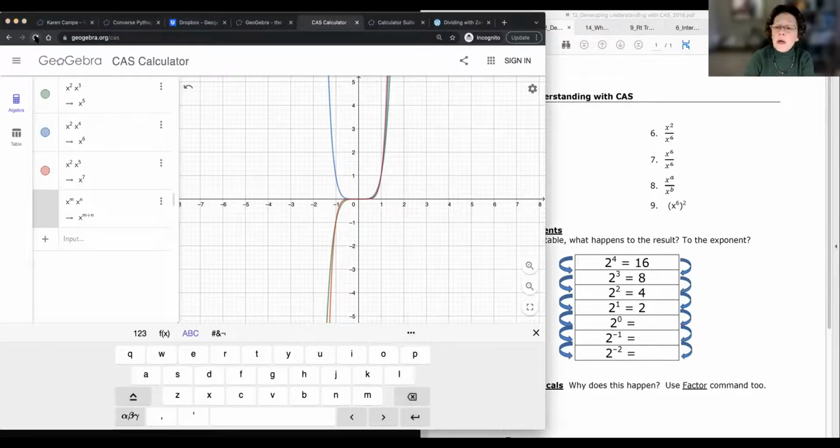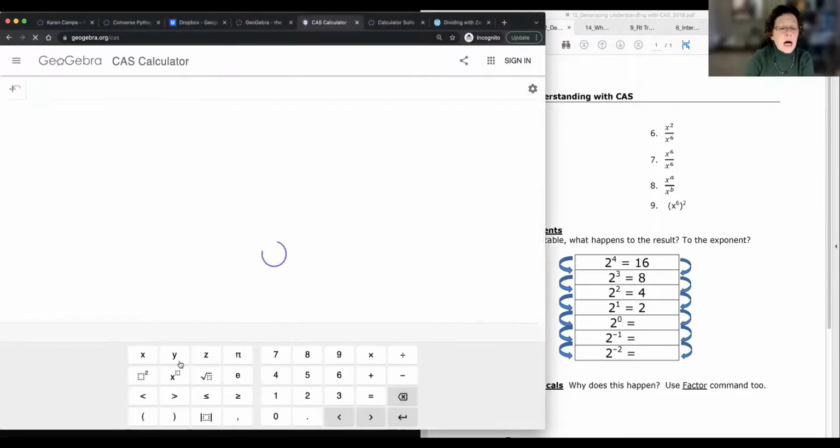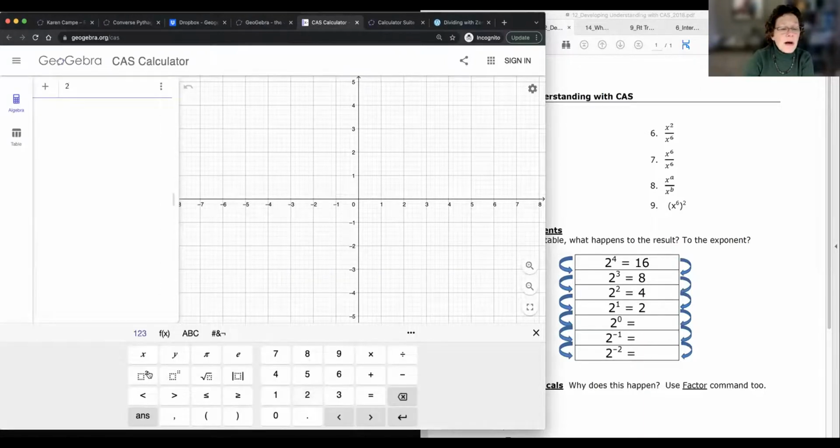Very quickly, we can have students take a look at exponents themselves numerically. What if I do 2 cubed, then 2 squared, then 2 to the first, and then 2 to the 0. So to build the understanding of 0 exponents, I would ask students what's happening to the power.